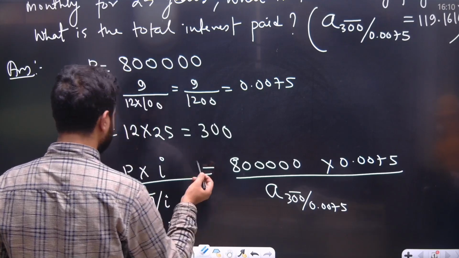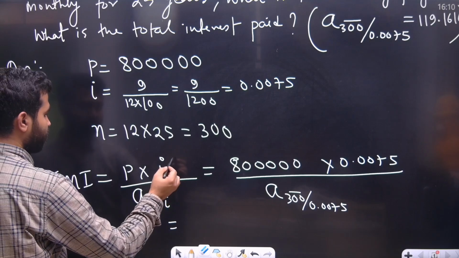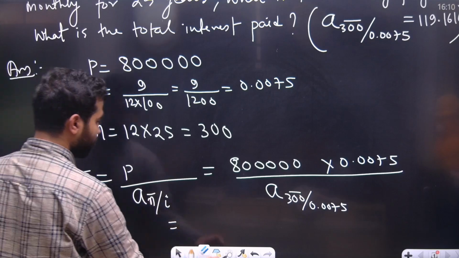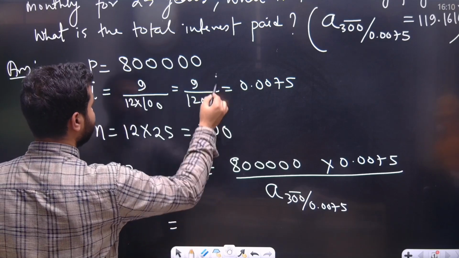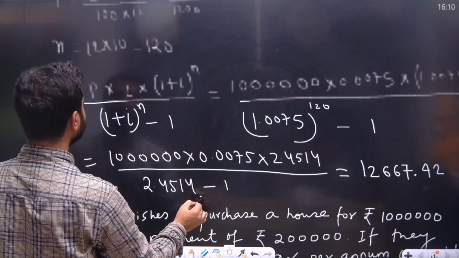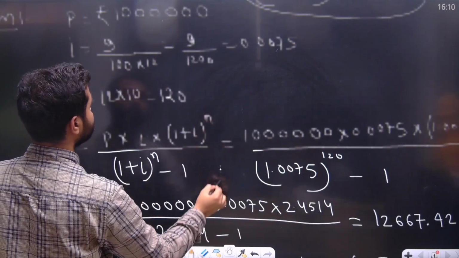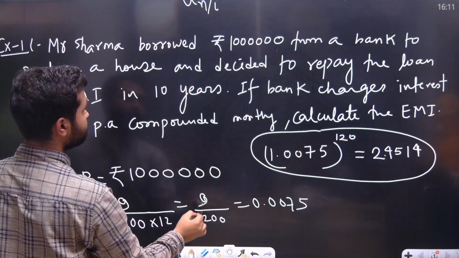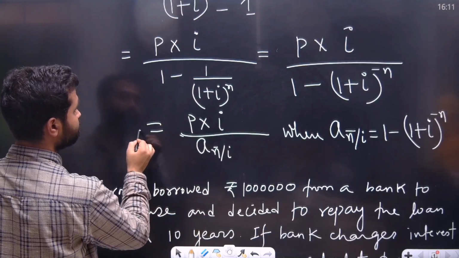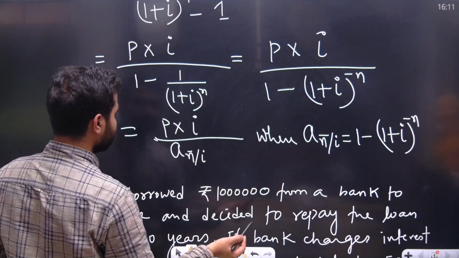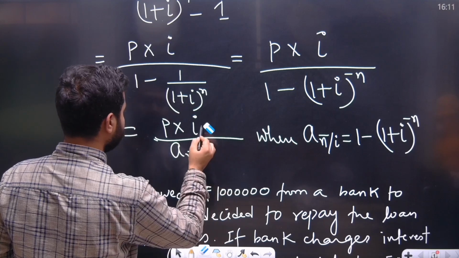I think there is some mistake in the formula. There is no this part, this is the only part here, so we have to make some changes. Here this I you have to remove.